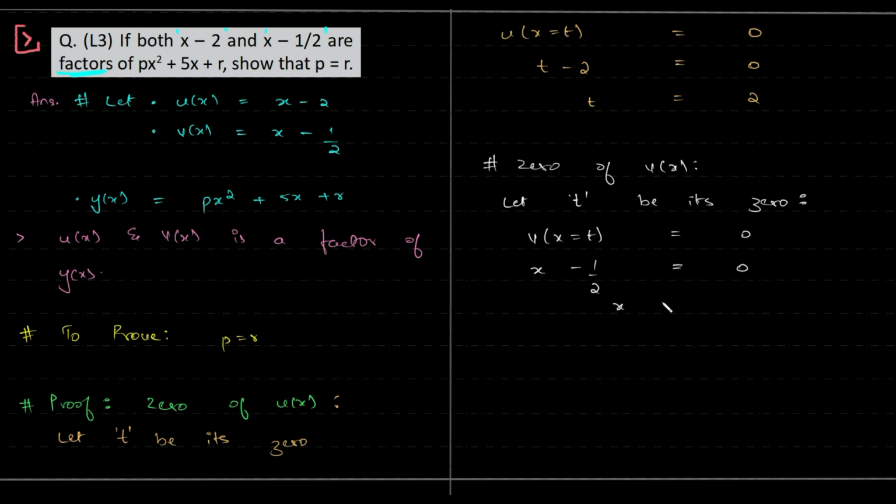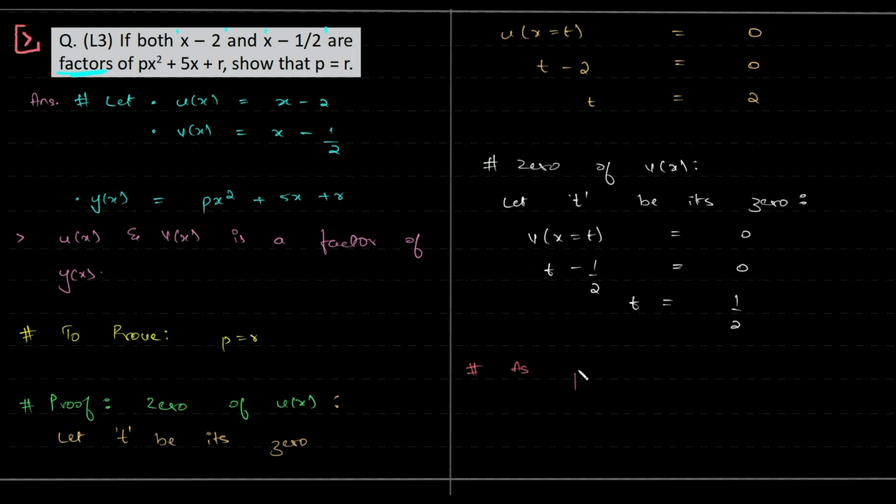So x will be equal to half, right? Simple and straightforward. So when we put this set of values over here, the output should be 0, is it not?